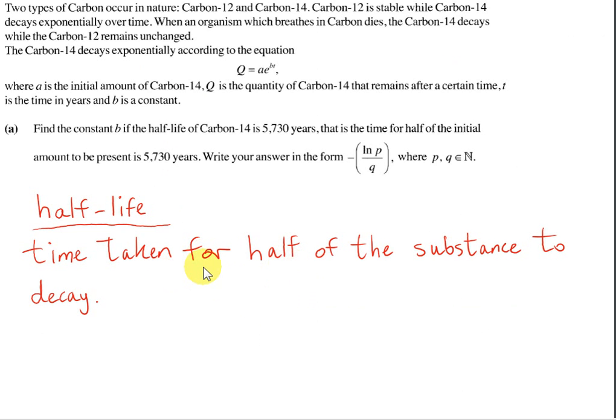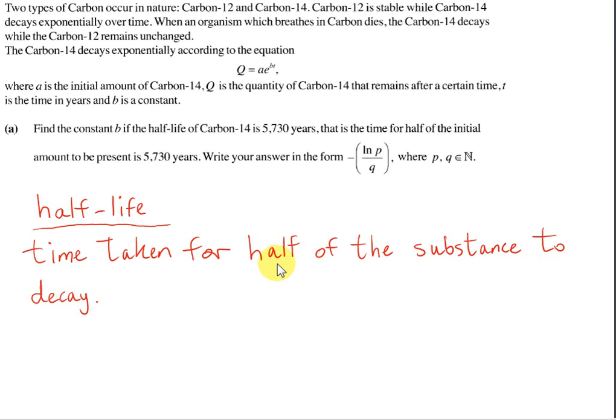So, half-life is the time taken for half of the substance to decay. For a radioactive substance, decay might mean that it's being transformed into another substance. It could mean that an element is being transformed into another element, or an isotope of an element being transformed into a different isotope of the same element.